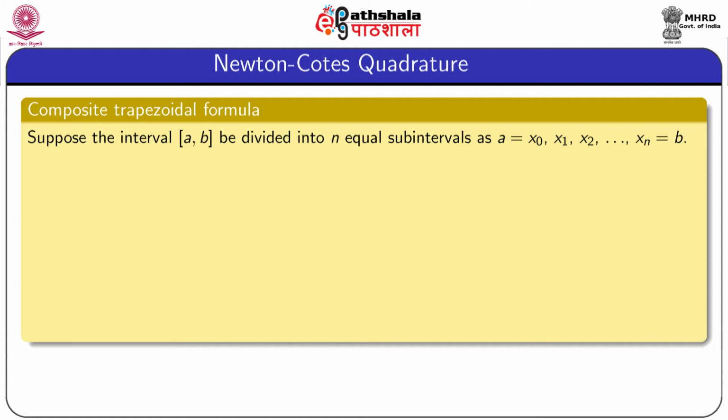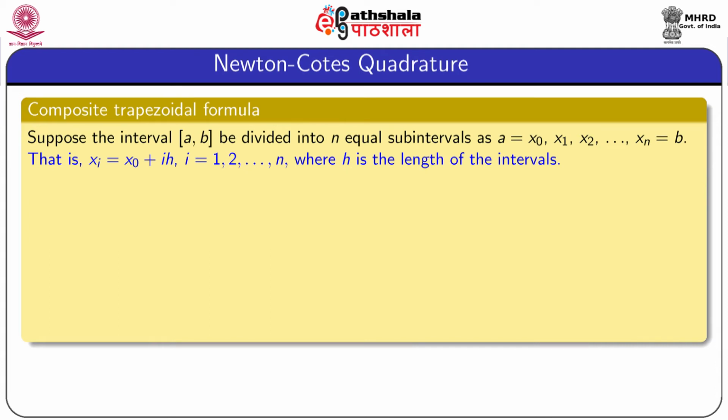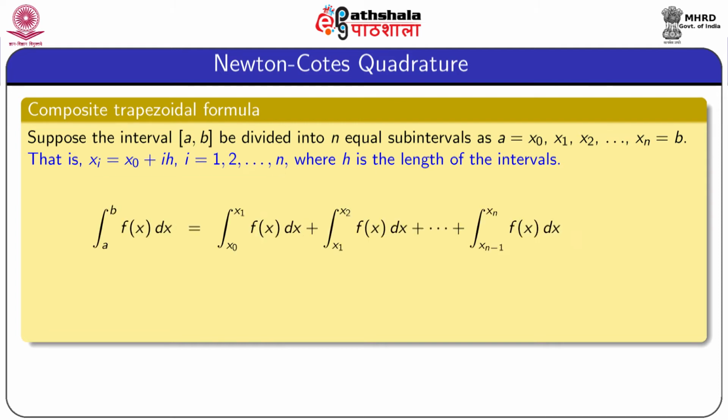Here we assume that the interval a b is divided into n equal subintervals as a equal to x0, x1 up to xn equal to b, and the arguments are equispaced. Therefore, xi equal to x0 plus ih, where i equal to 1 to n, and h is the length of the subintervals. Then the integration a to b f(x) dx is equal to the integral x0 to x1 f(x) dx plus x1 to x2 f(x) dx plus and so on plus x(n minus 1) to xn f(x) dx.